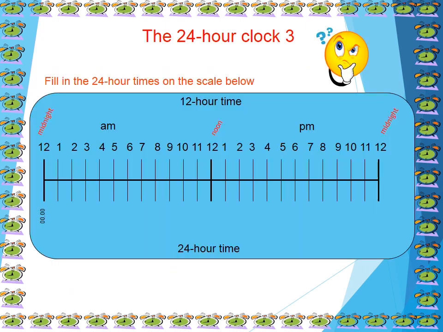Now let's fill this scale together. We have 12-hour time and 24-hour time. 12 midnight in 12-hour time means 0 in 24-hour time. 1 a.m. means 1 o'clock in 24-hour time. 2 a.m. equals 2 o'clock. 3 a.m. equals the same, 3 o'clock. 4 a.m. equals 4 o'clock.